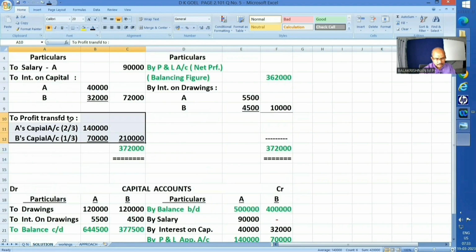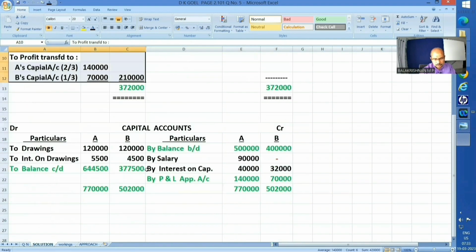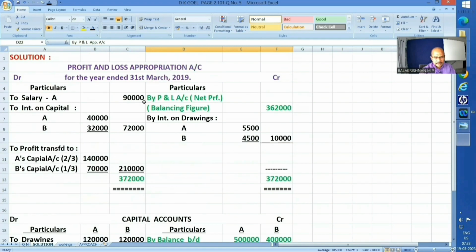2,10,000. Of course, we can show this correspondingly in the capital account. That's also over. Okay? Right. And as far as the P&L appropriation account is concerned, let us balance the account and find whether any difference is there.